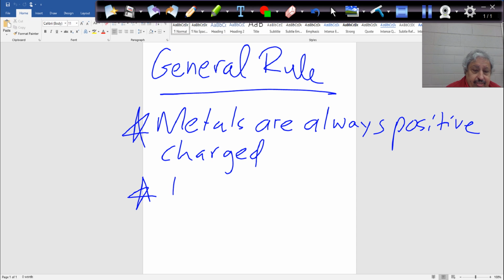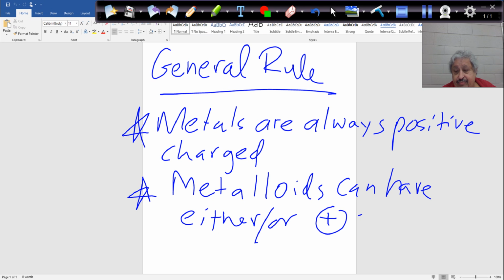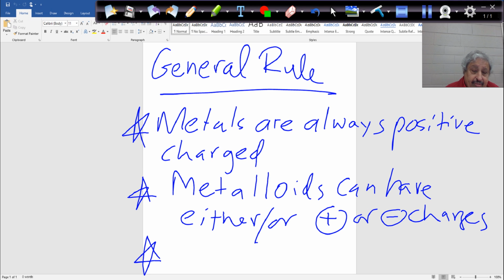The metalloids can have either positive or negative charges.